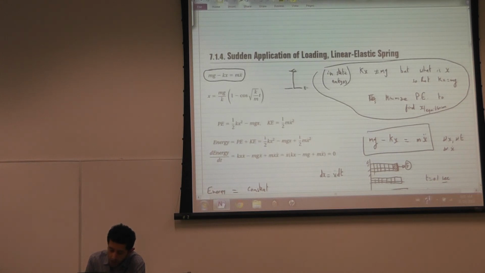If I start when x equals 0, so at time equals 0, x equals 0, and the velocity is equal to 0, and then all of a sudden I drop a weight m on this spring, then this m will keep moving up and down around the equilibrium position, where this is 2 delta.